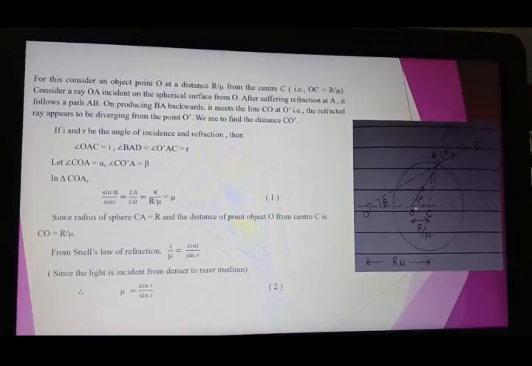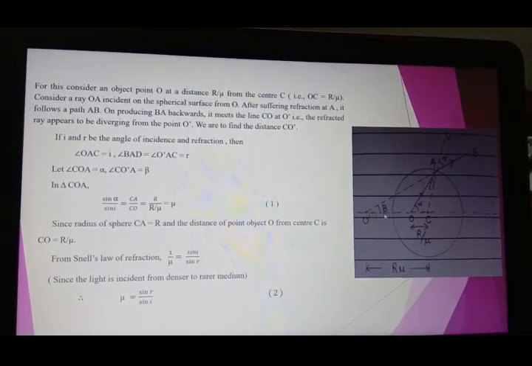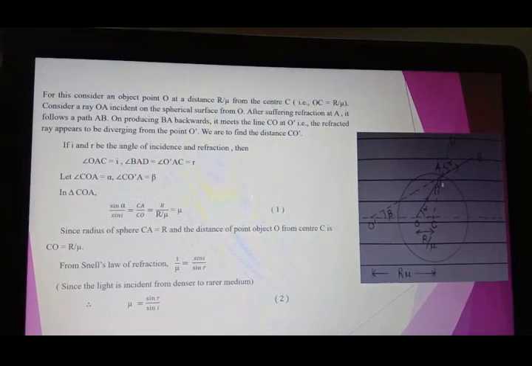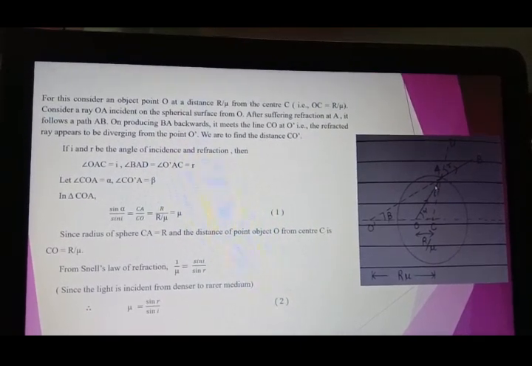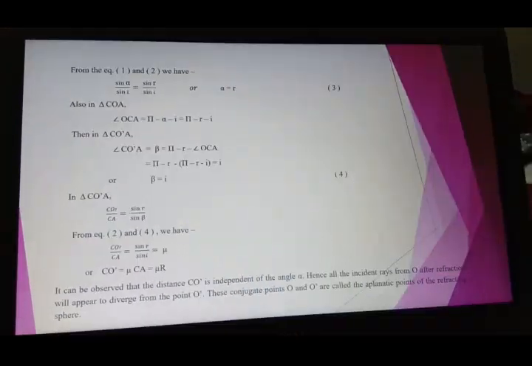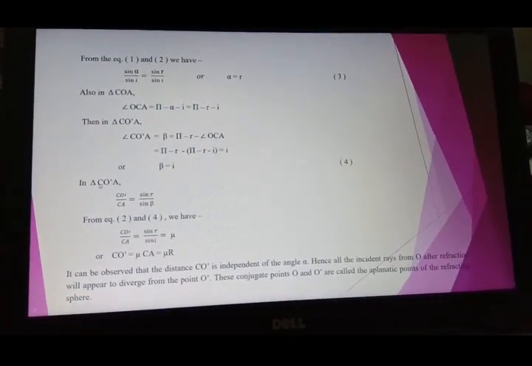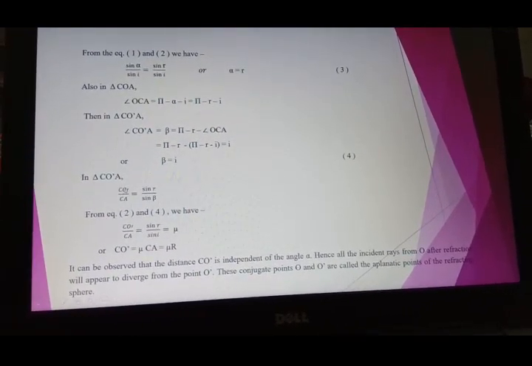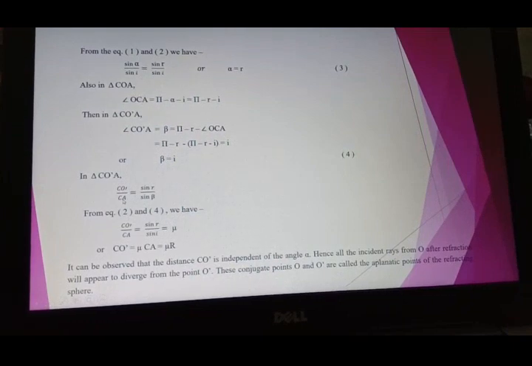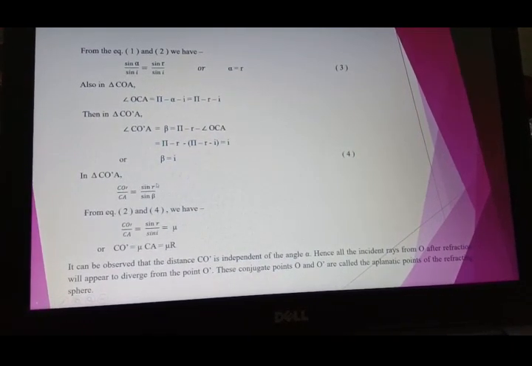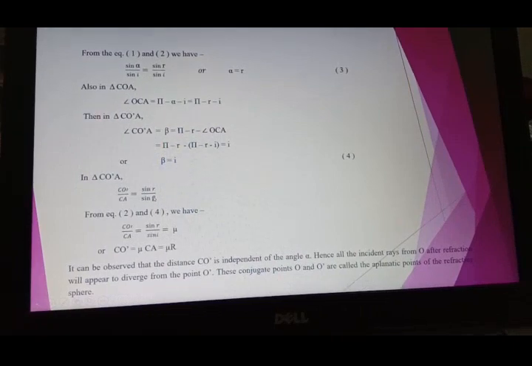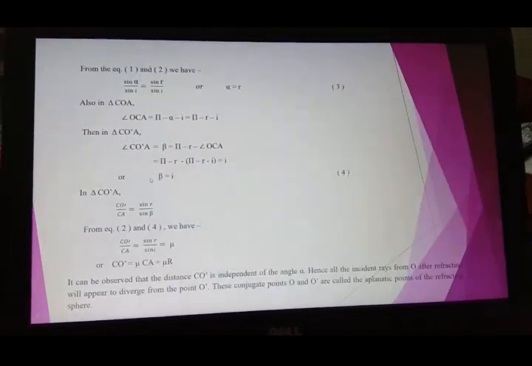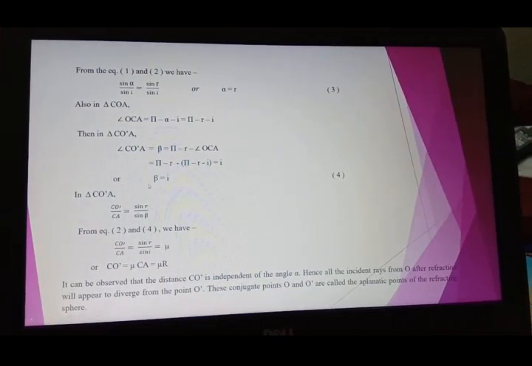In the figure, in triangle CO dash A, CO dash upon CA is equal to sin r upon sin beta. From equation 2, mu is equal to sin r upon sin i. Equation 4, beta is equal to i.